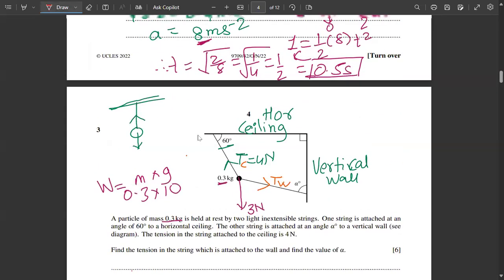Let me write it right here. 4 sine 60, 4 cos 60. And now let's talk about this side, TW.